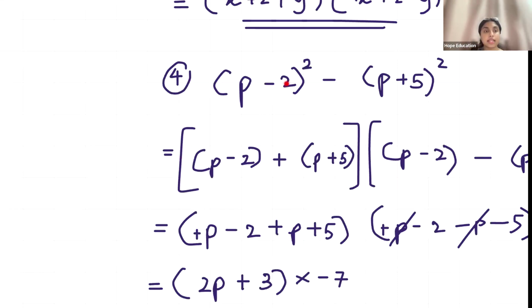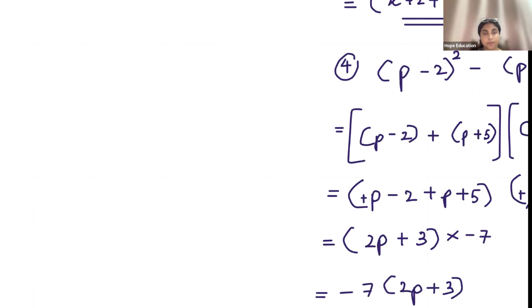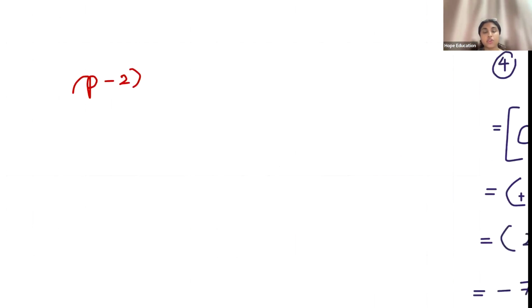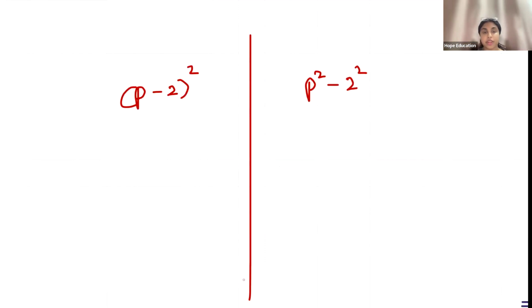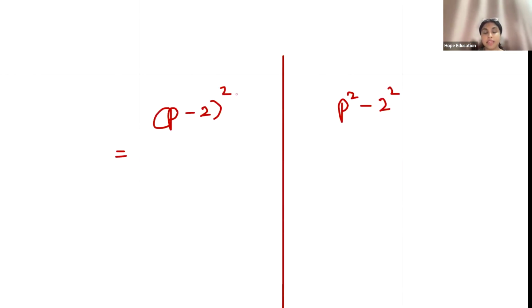Okay, so let's clear out that confusion. P minus 2 squared is one thing. P squared minus 2 squared is another. Do you think these two are the same thing? P minus 2 squared, when you simplify, you have learned how to simplify the square of a binomial expression, right? You take the square of the first term. First term is P, so P squared. Then first term multiplied by second term multiplied by 2.